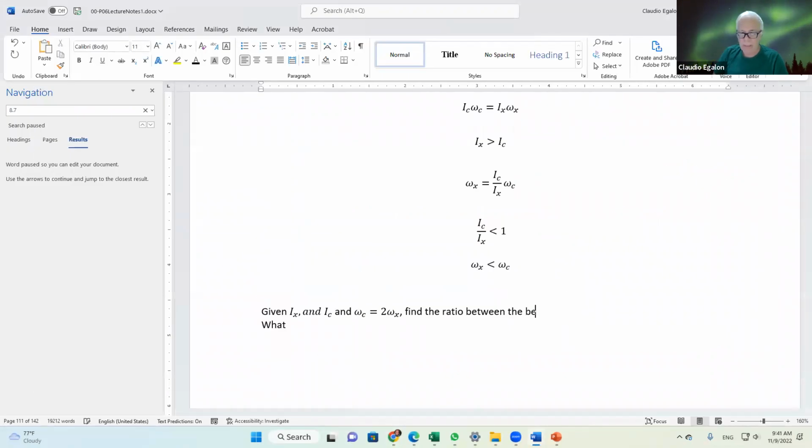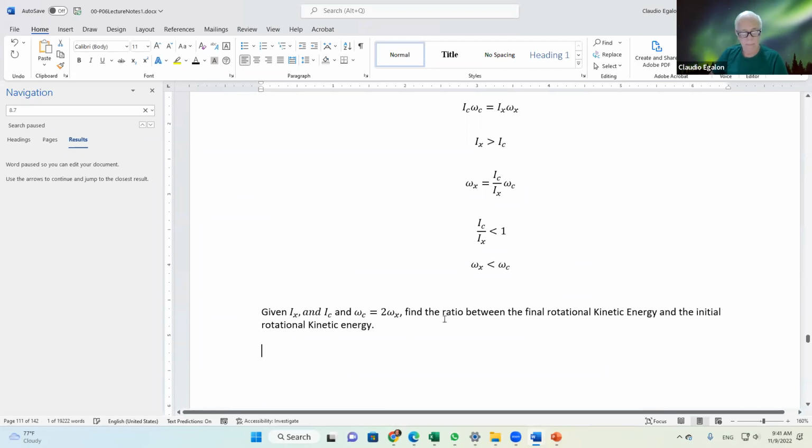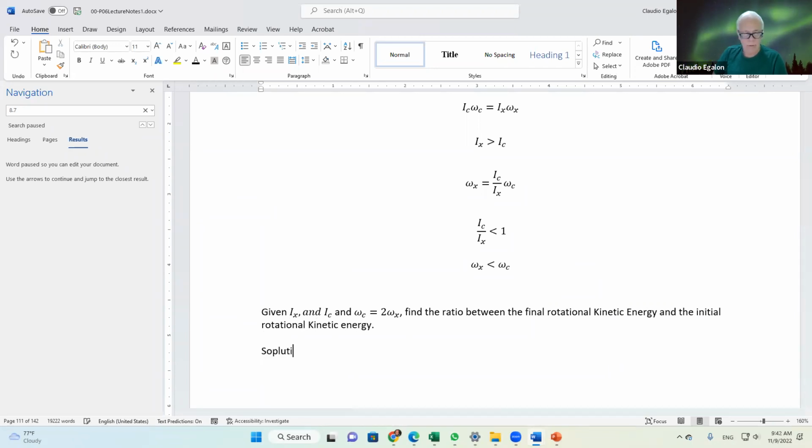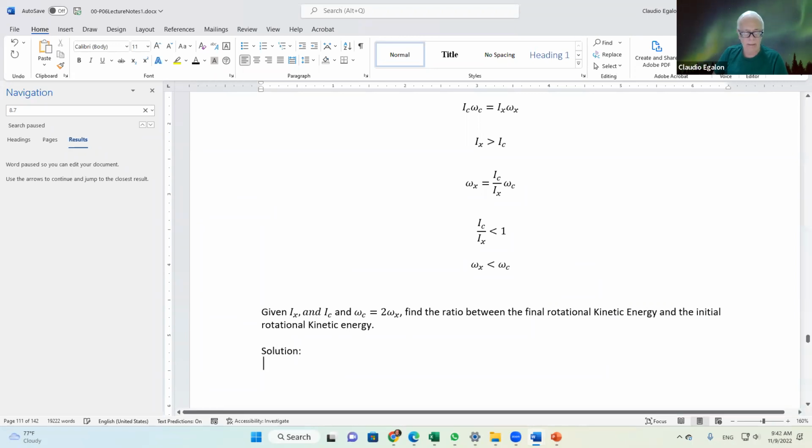Find the ratio between the final rotational kinetic energy and the initial rotational kinetic energy. That's what he's asking in that example, right? So here we go.